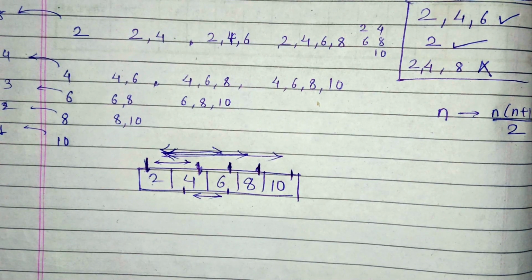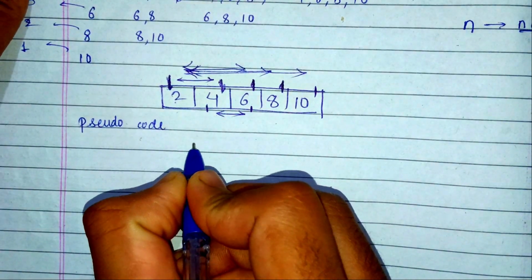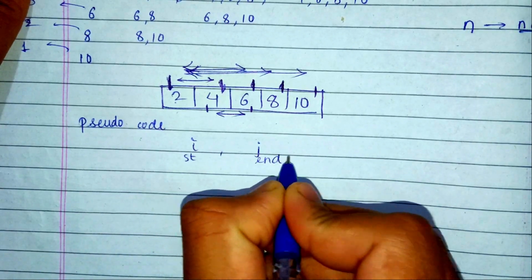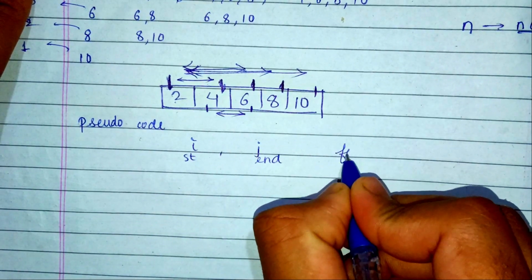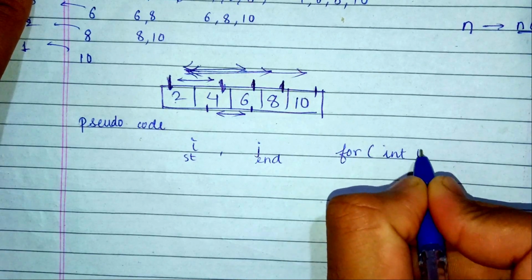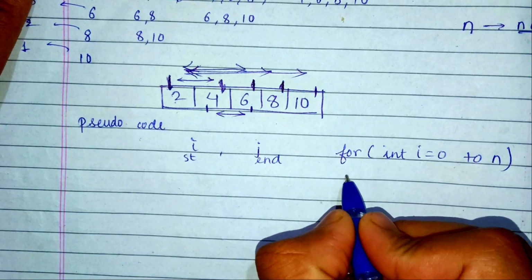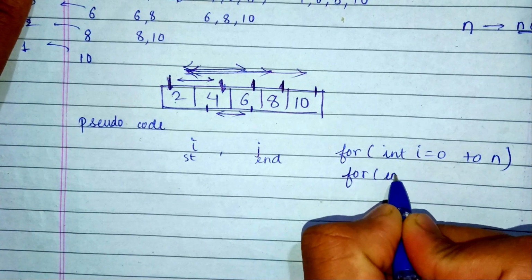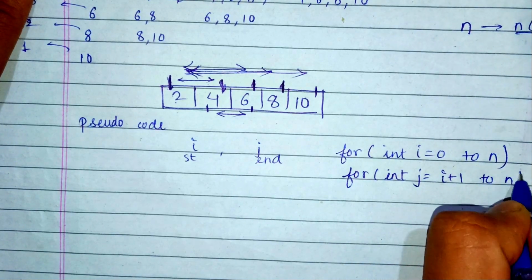So let's write a pseudocode for it. First we have to take two variables i and j, which we can take as start and end. Then we run a loop for int i equal to 0 to n, that is array length. Then we run another loop inside the for loop for int j equal to i plus 1 to array length.